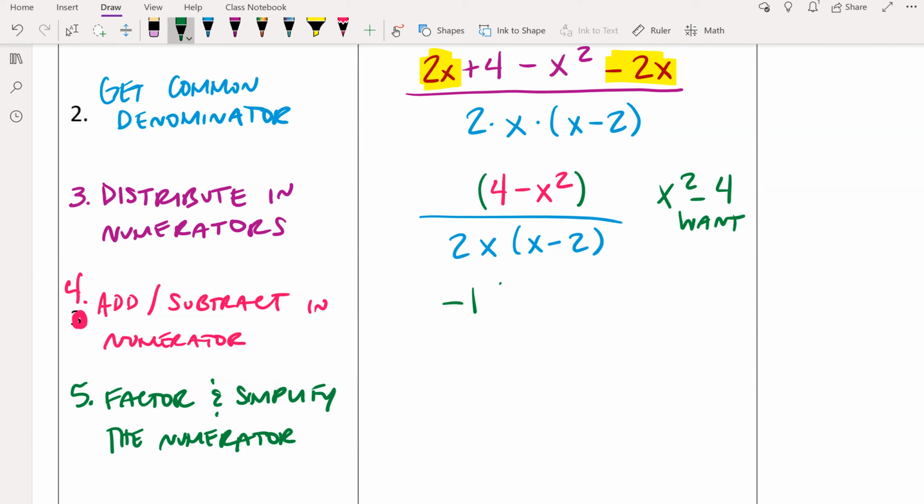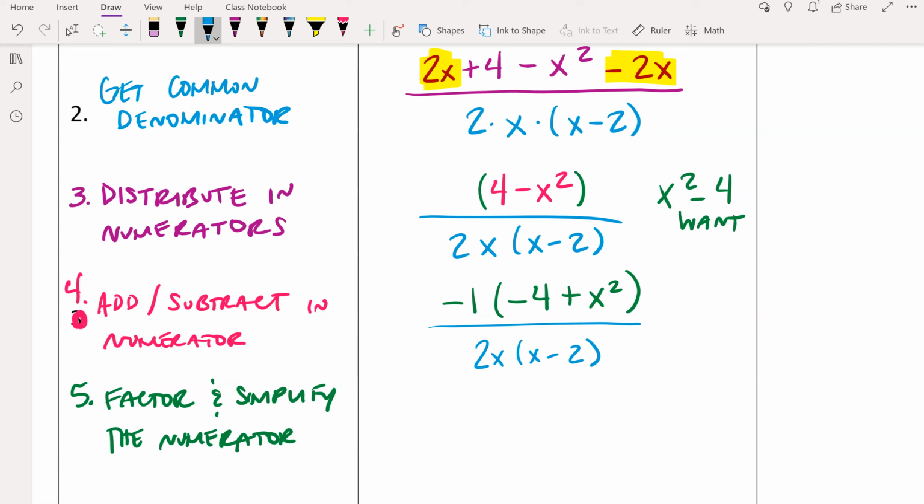And then what would that change the inside to? All it does is change the sign. So now we have negative 4 plus x squared. That's what that changes into when I factor out a negative 1. You can always do this. You pull out a negative 1, it'll just change the sign on the inside. And then we have over our common denominator, which is 2x, x minus 2.